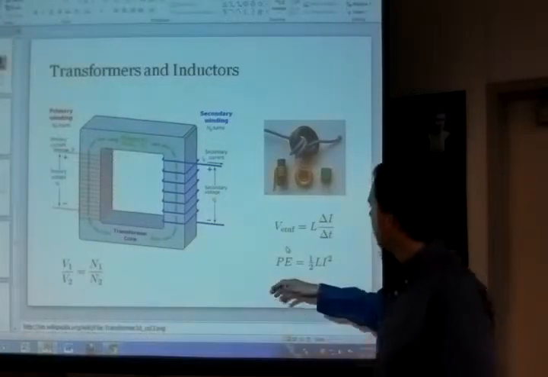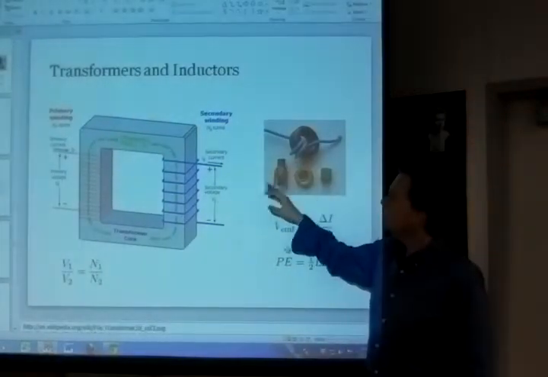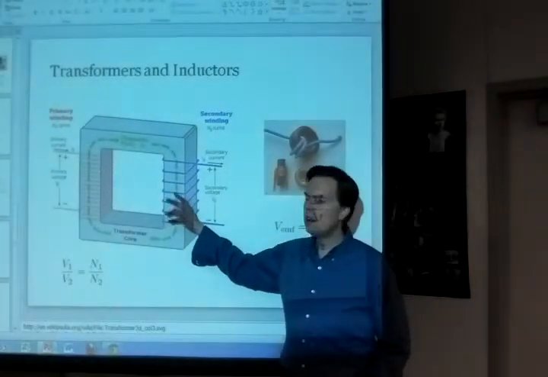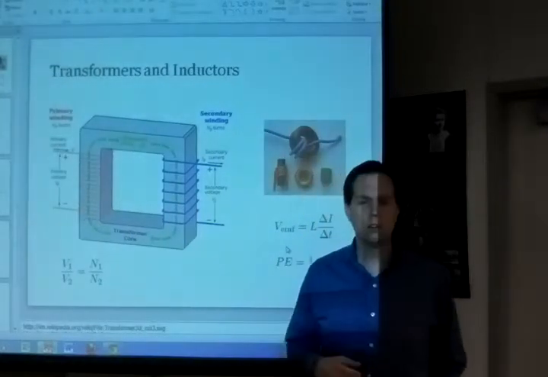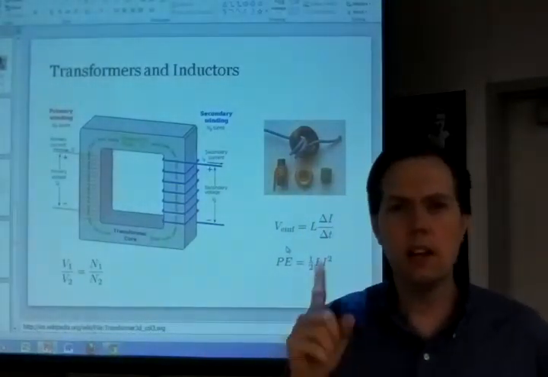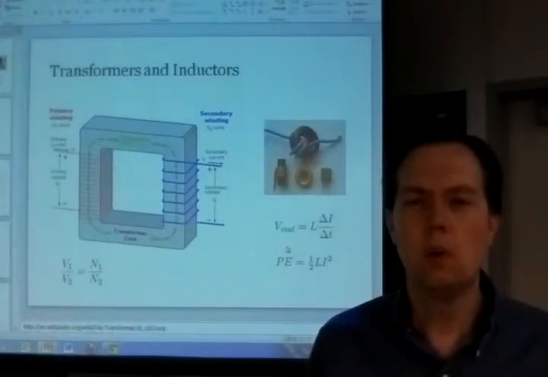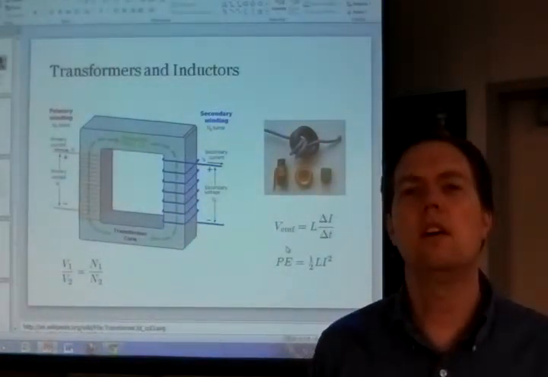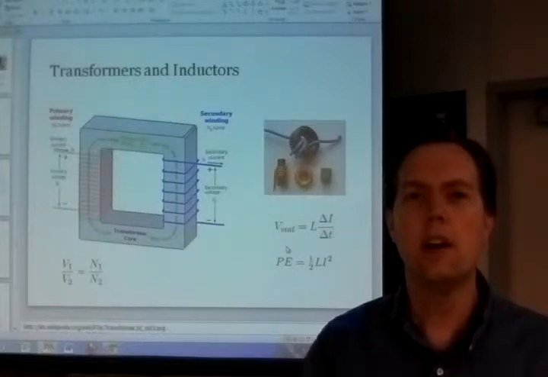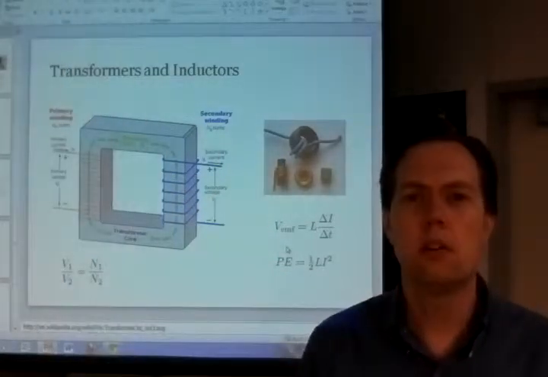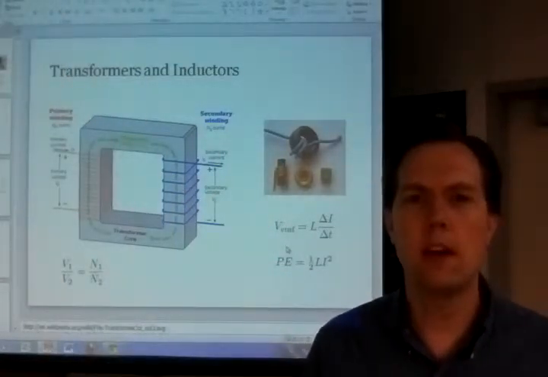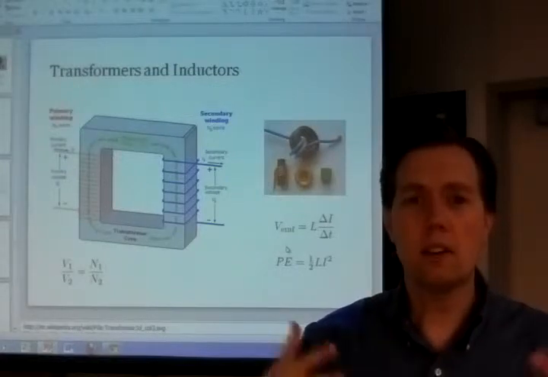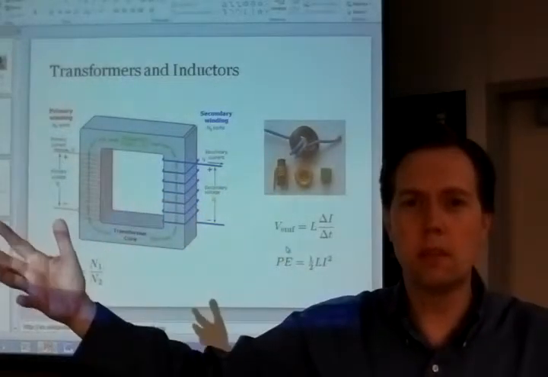One other thing I should point out is that if I just consider one side, a single coil of wire will act as a transformer on itself. If I have a coil of wire generate a magnetic field through Ampere's law, creating an electromagnet, that magnetic field goes from 0 to something.